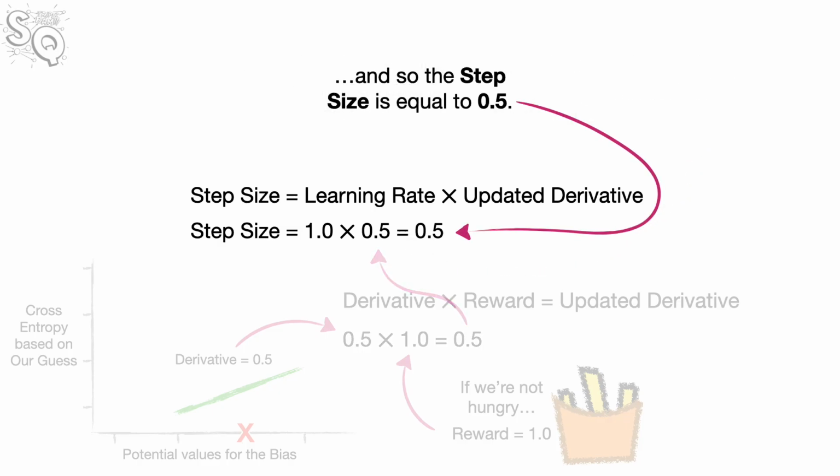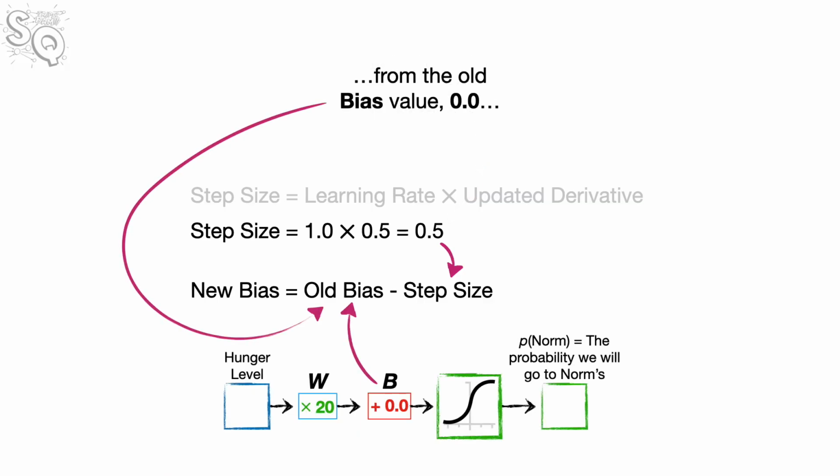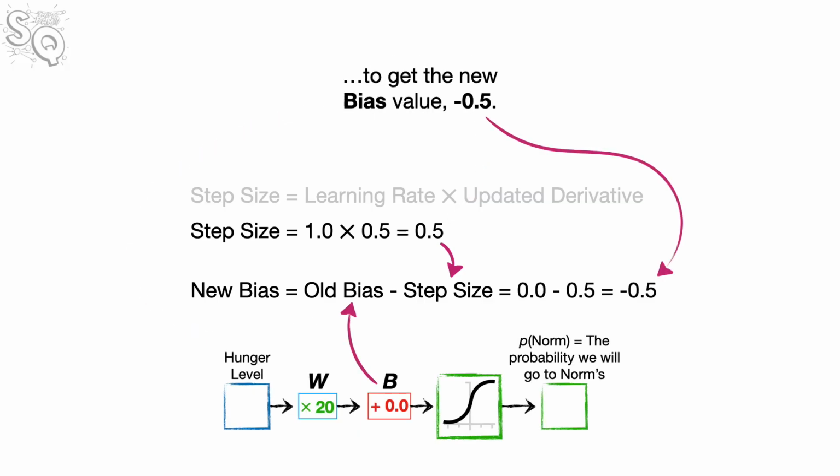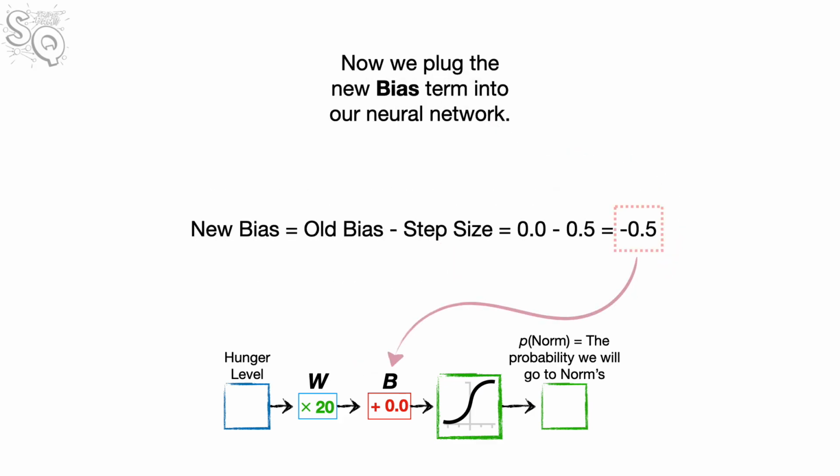And so the step size is equal to 0.5. Then we calculate the new value for the bias by subtracting the step size, 0.5, from the old bias value, 0.0, to get the new bias value, negative 0.5. Now we plug the new bias term into our neural network.